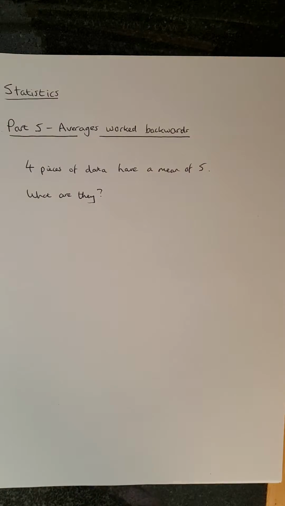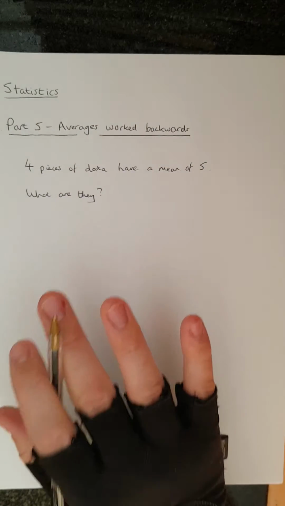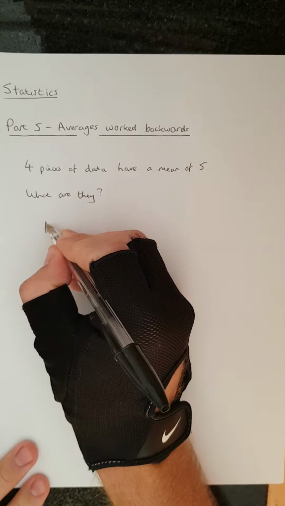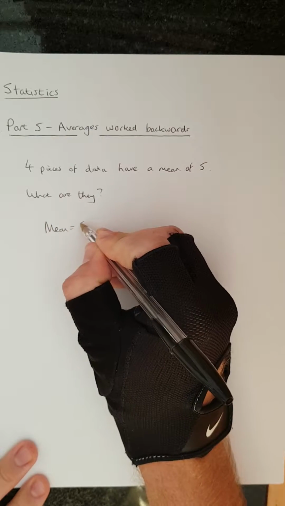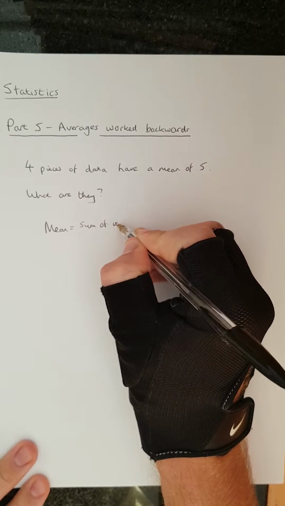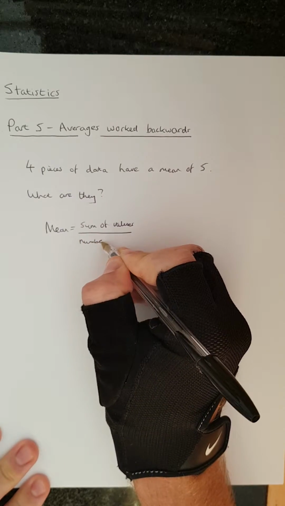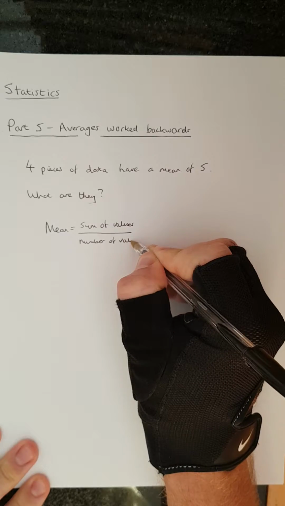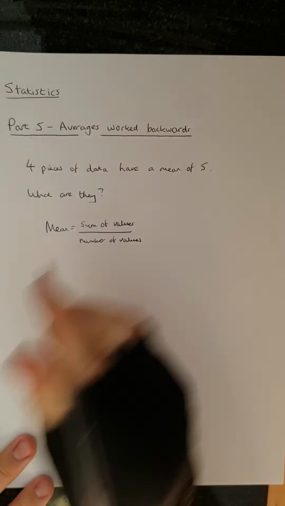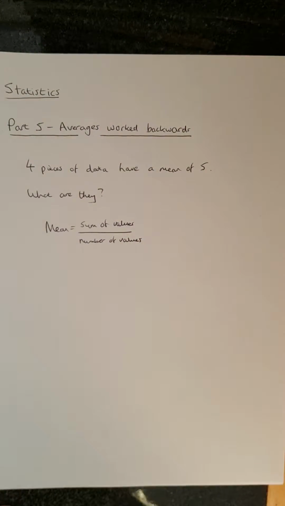So this situation is about trying to work the mean backwards. The mean is the sum of the values divided by the number of values. So how do I work it backwards?